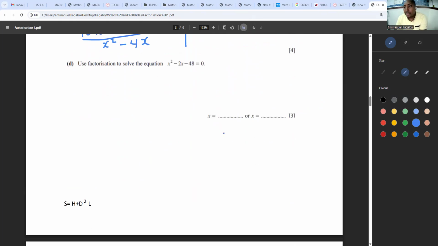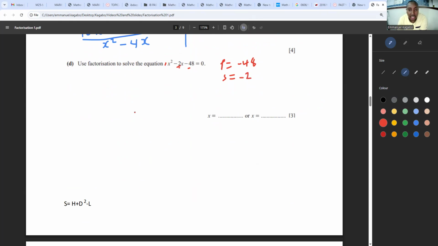Very good. Now, next step, they said factorize. Now, we need to factorize this expression. Whenever I'm factorizing, I use the product. I get this number here times this gives me minus 48, and the sum is going to be your b value. The b value here is negative 2.